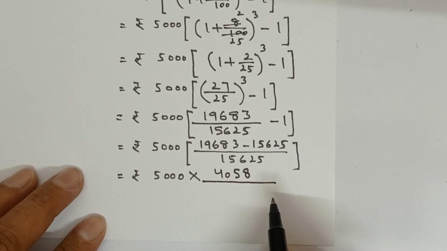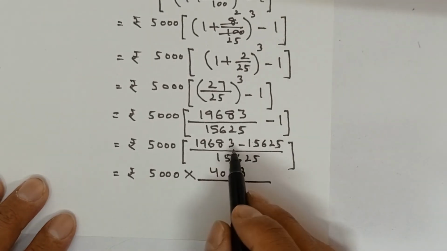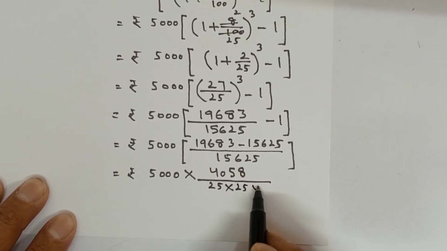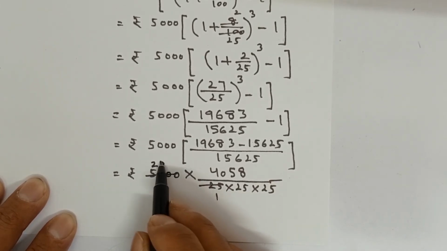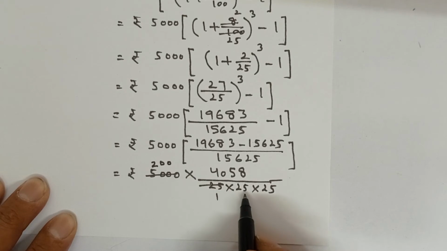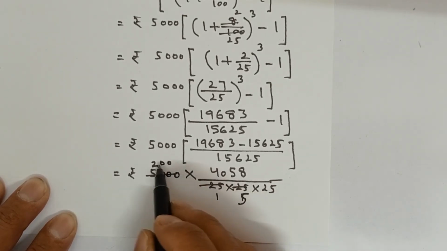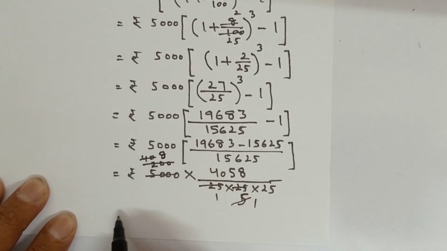Now, for simpler cutting, what will I do? 15,625, I will write 25 into 25 into 25. So 25 ones are 25, twos are 50, two zeros. 5 fives are 25, 5 fours are 20, 0. 5 ones are 5, 5 eights are 40.